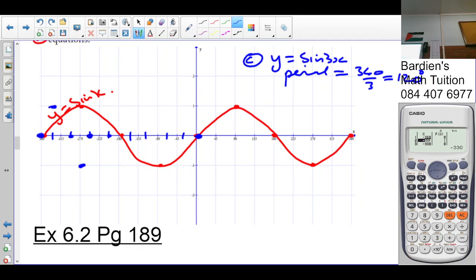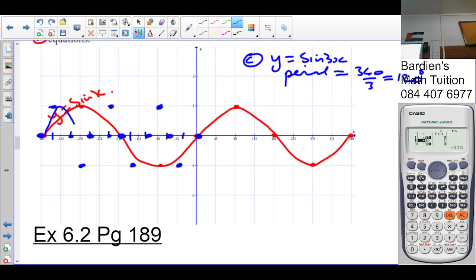Negative 240, 0. The next one is negative 210, is 1. The next one, 0. Then negative 1, 0. 1, 0. Negative 1. There we go.